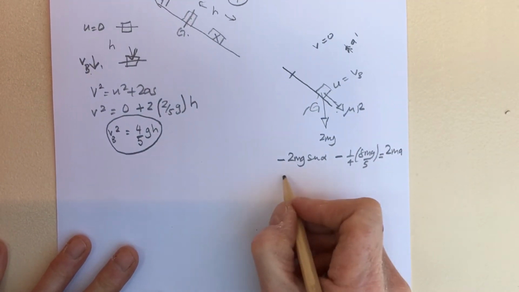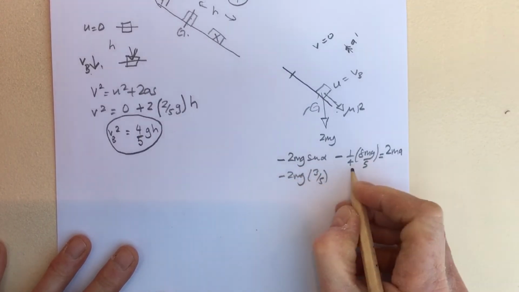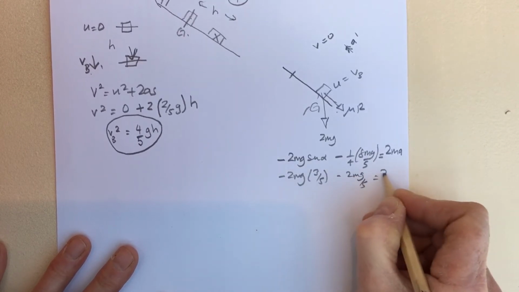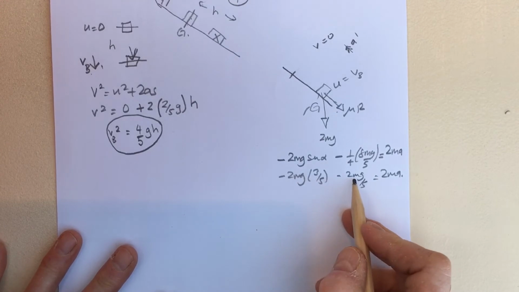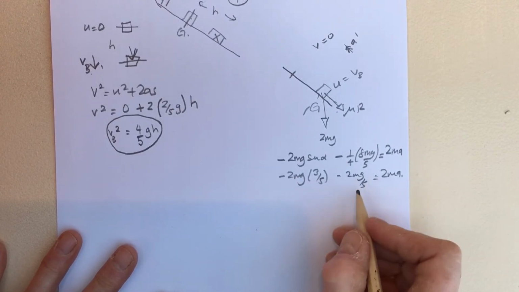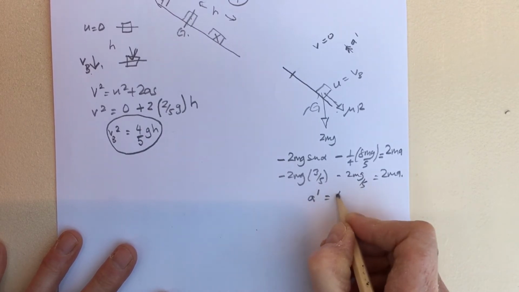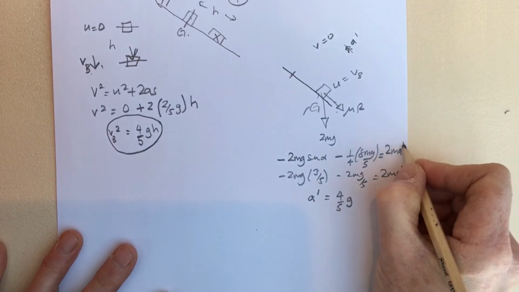So minus 2/5 mg, should have done this already, never mind. Minus 2 mg over 5 is equal to 2 ma. So we've got minus 6, minus 2 is minus 8, minus 8 divided by 2 is 4, so my a is going to be 4/5 g, because all the m's cancel.